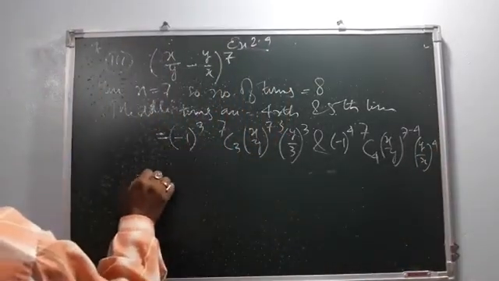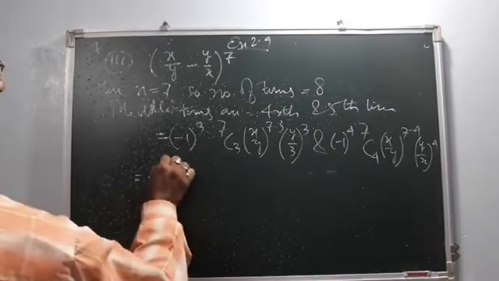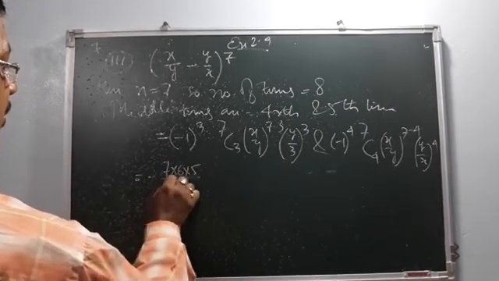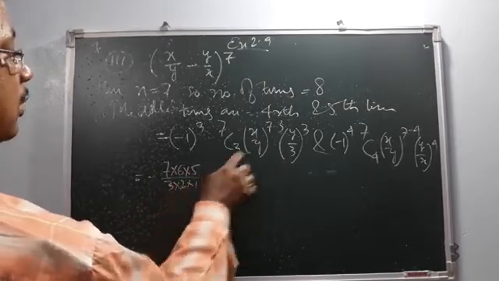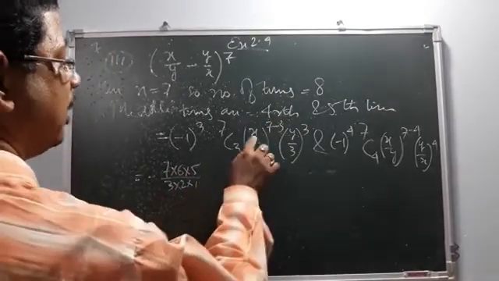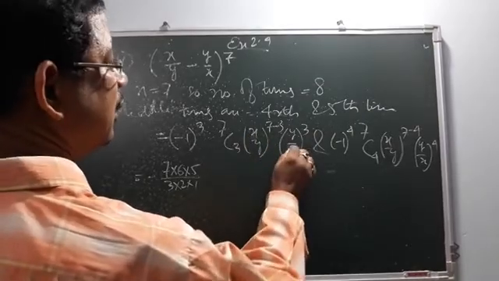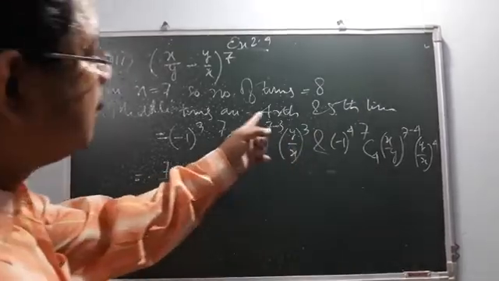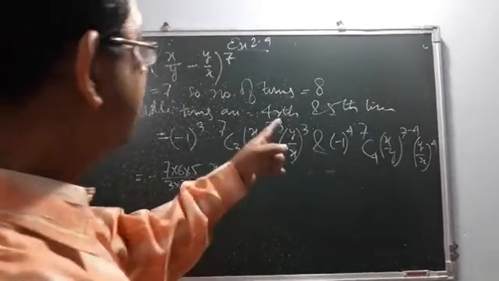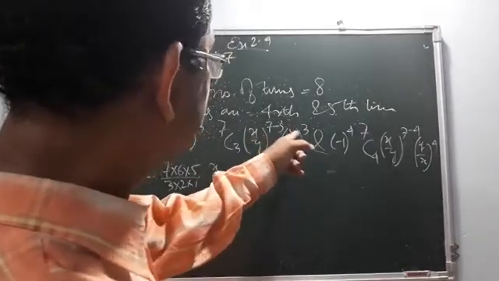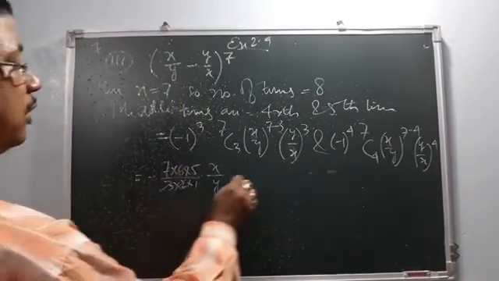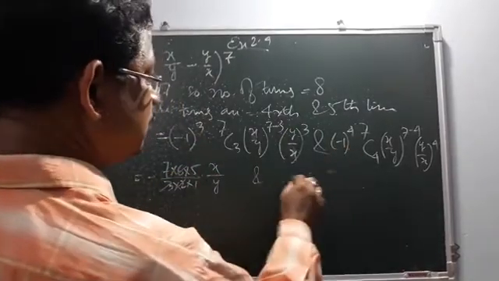This will give a minus sign. 7C3 is 7 into 6 into 5 over 3 into 2 into 1. 7 minus 3 is 4, so x to the power 4 by x will give x only. Here y to the power 4, here y cube, so this will give y. And here minus 1 to the power 4, so positive.